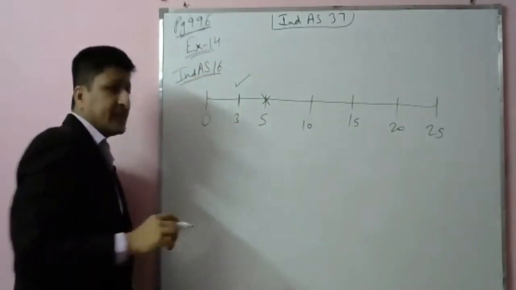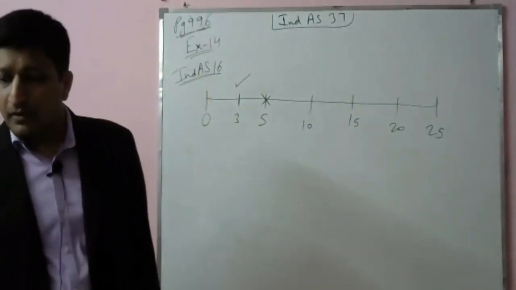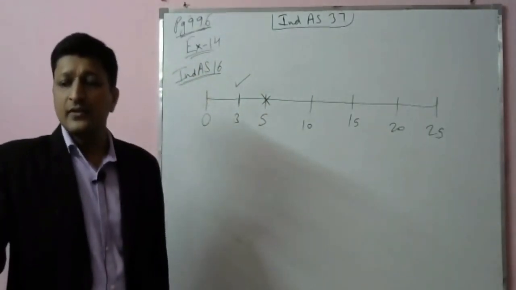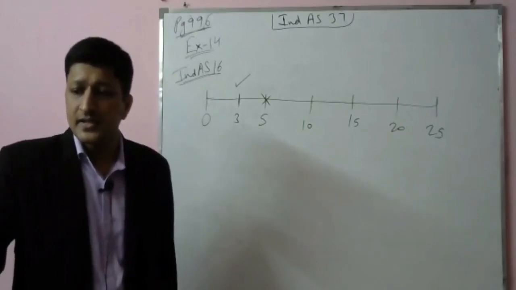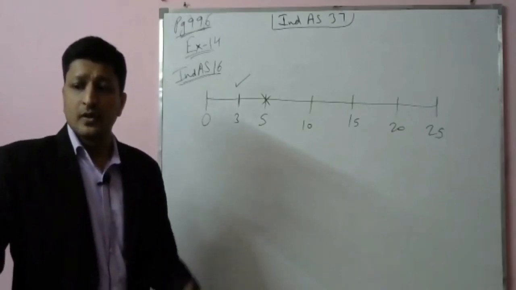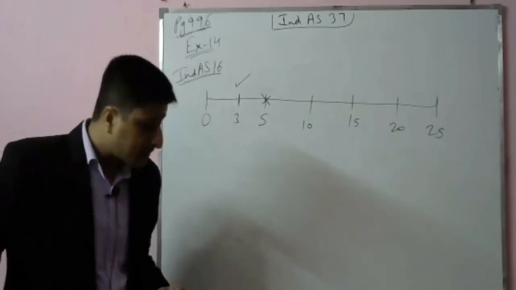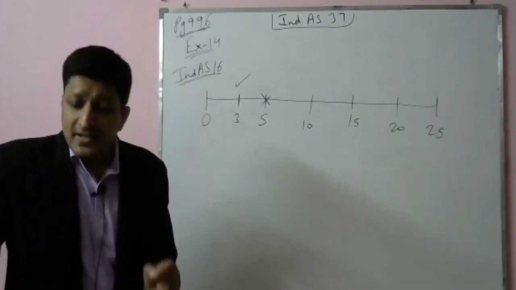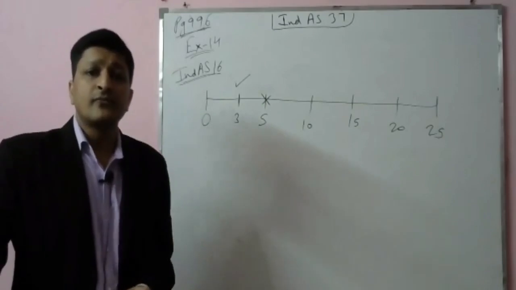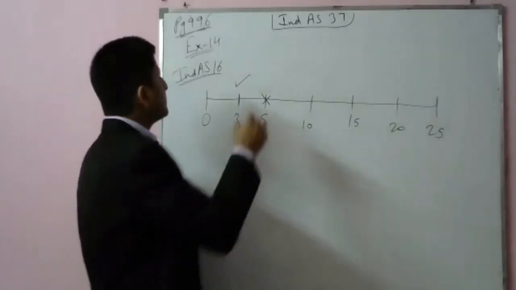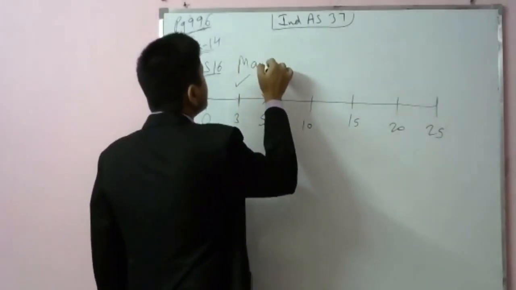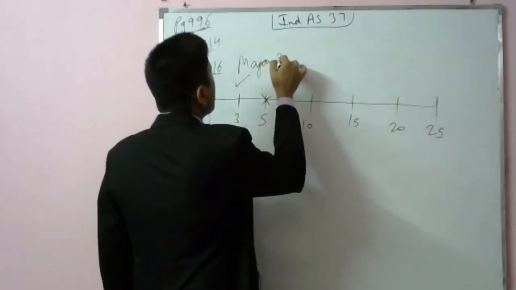Ind AS 16, as you have all confirmed, we have covered, except for Kalyani, who is saying Ind AS 16 is pending. I'm not sure, because all of you are saying Ind AS 16 is covered. Under Ind AS 16, there is a concept of major overhauling. You remember?